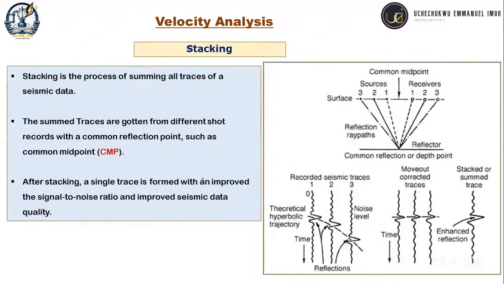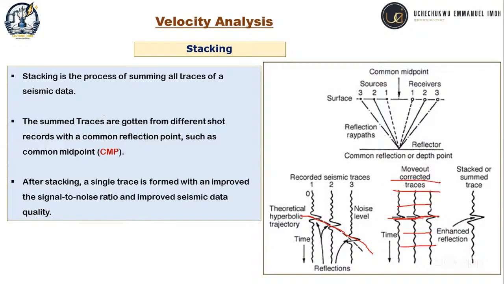So stacking in itself means summing up all your CMPs. Remember that you have your different CMPs with a hyperbolic shape, and when you pick the right velocity, you're flattening out the CMP gathers layer by layer, or strata by strata.